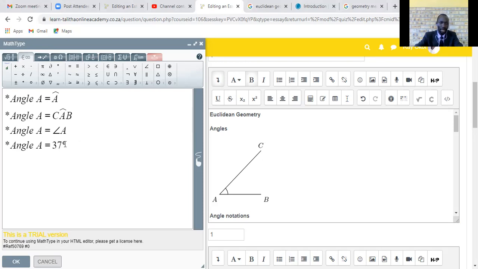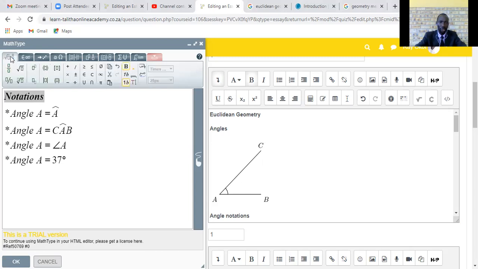This small O represents a degree. So these are the different ways we can denote an angle. These are called notations.